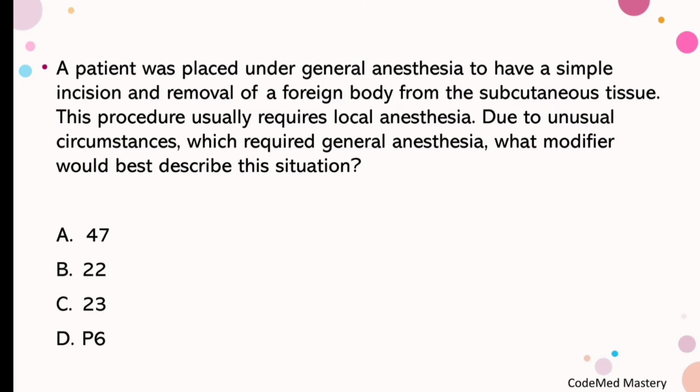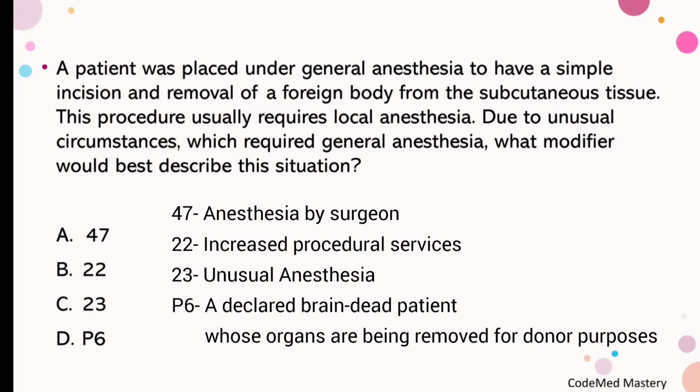Modifier 47 is for anesthesia by surgeon. Modifier 22 is for increased procedural services. Option C is for unusual anesthesia. And option D P6 is for a declared brain dead patient whose organs are being removed for donor purposes. So which among these four modifiers is correct?